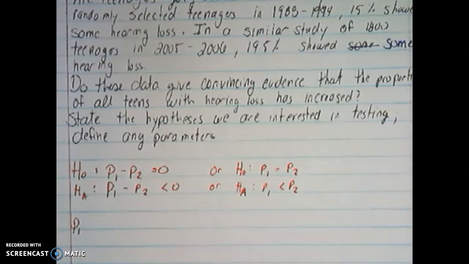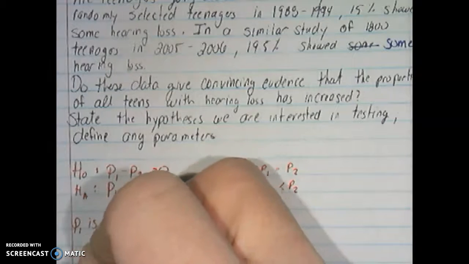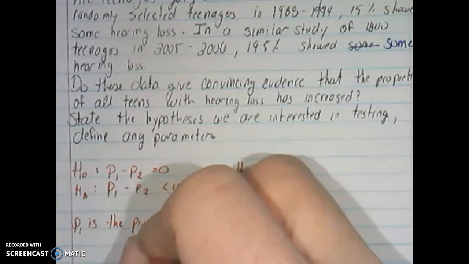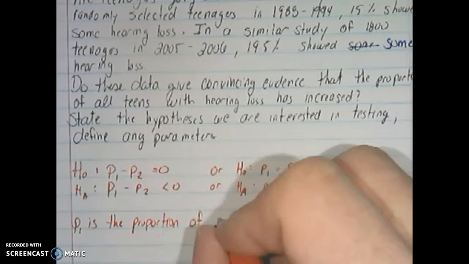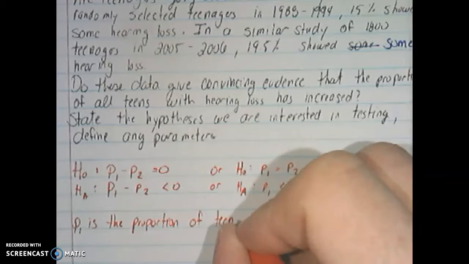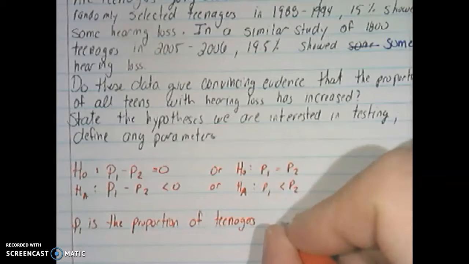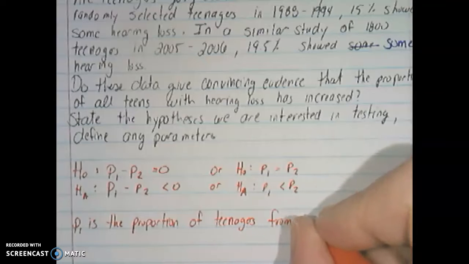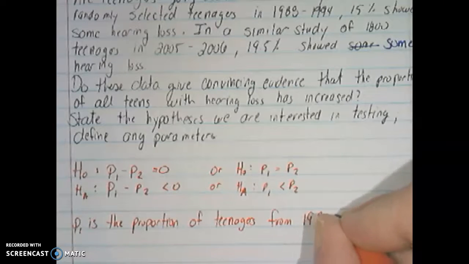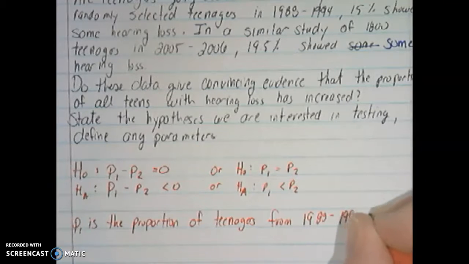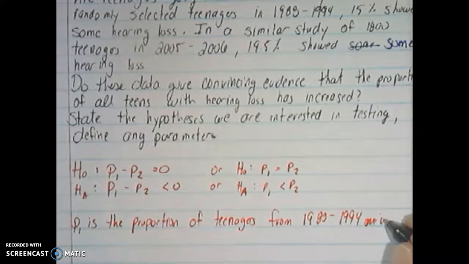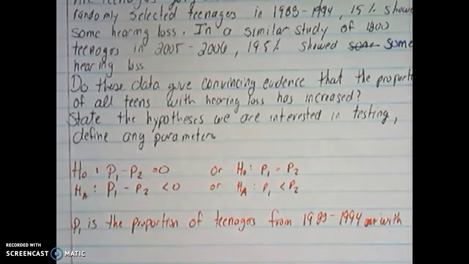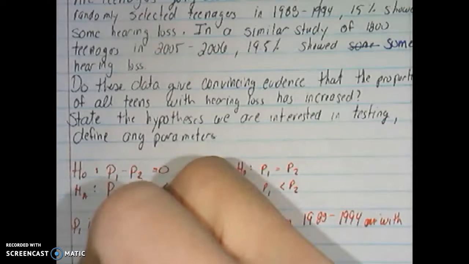So I guess you could say P1 is the proportion of teenagers from 1988 to 1994 with hearing loss.